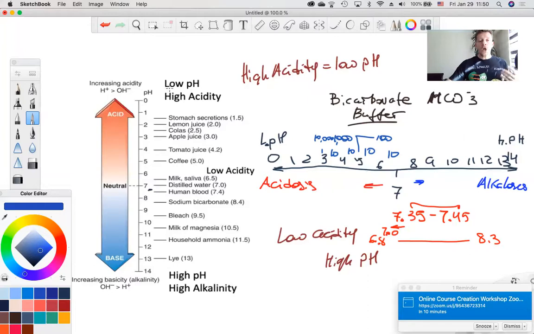So when we say low pH, it means high acidity, it's acidosis. When we say high pH, it is high alkalinity, but low acidity. So that's where the confusion is. That's why I prefer to use the horizontal scale over the vertical scale, because I have also seen a vertical scale where 0 was here and 14 was here.